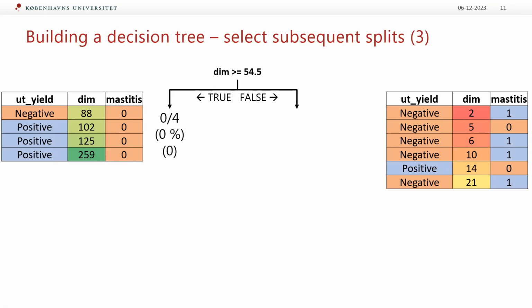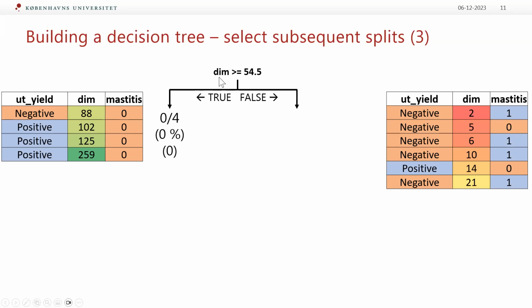So we can see that this is a pure node. There's no need to split it any further, and the output from this leaf node, which it is now, will be the 0 class, and it could also be the output that there is an estimated 0% chance for mastitis.